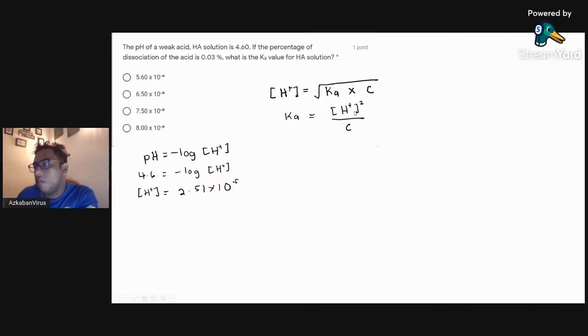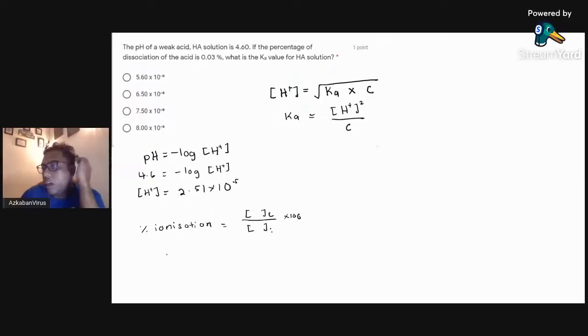Okay, sebelum ke situ, percentage of ionization is equal to, ini change over initial darab 100.